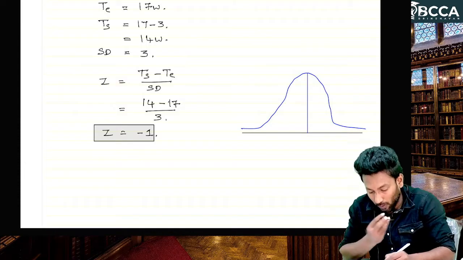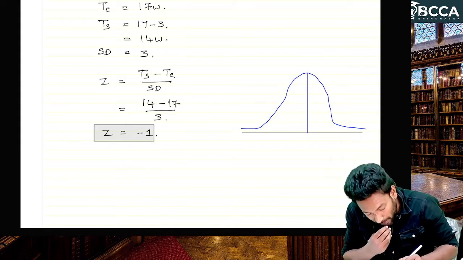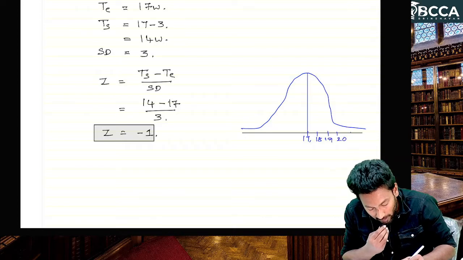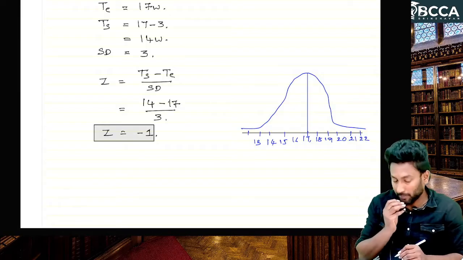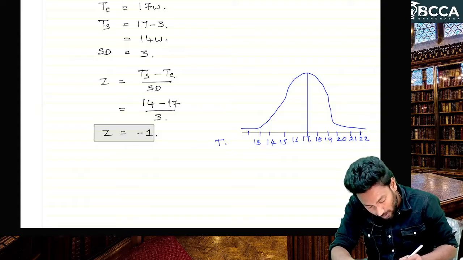Okay. So at this peak point, on this horizontal line, there will be expected time. What is our expected time, sir? 17. If this is 17, take 18, 19, 20, 21, 22. So 16, 15, 14, 13, like that. So these are the time estimations. This 17 is TE.